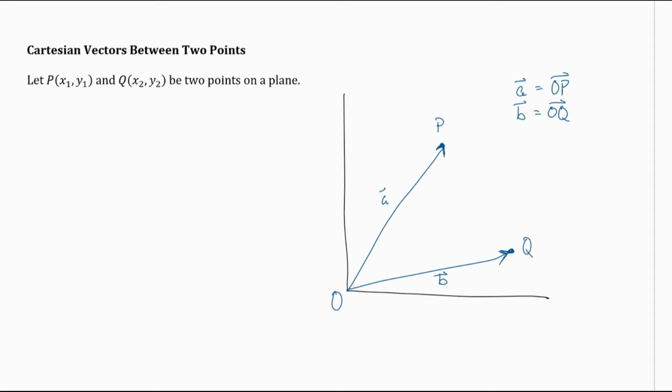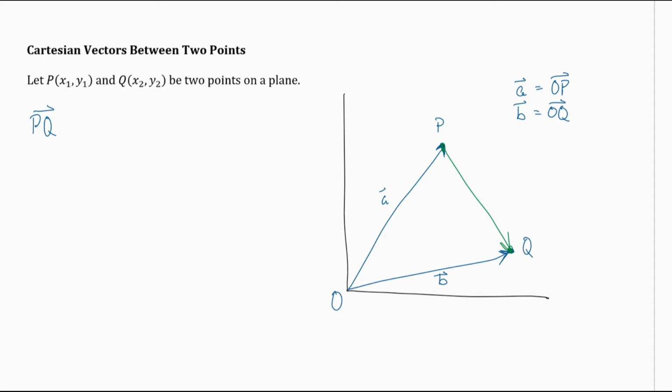What if I want to find the vector between P and Q? So this is something that we will actually do a fair bit of. So here's my vector from P to Q, from point P to point Q. Now this vector's tail is not on the origin, which is fine because vectors don't have to have their tail on the origin. The notational standard is that their tail is on the origin.